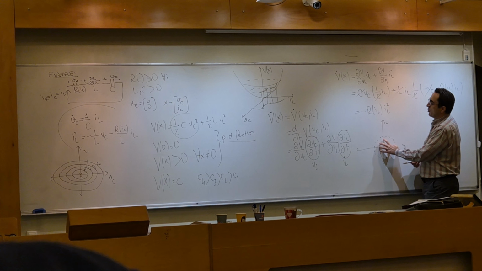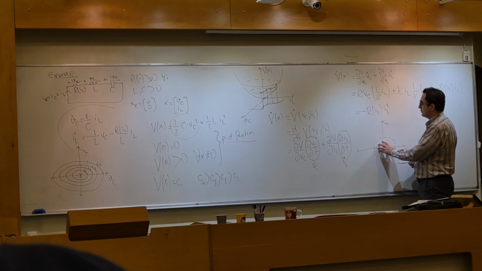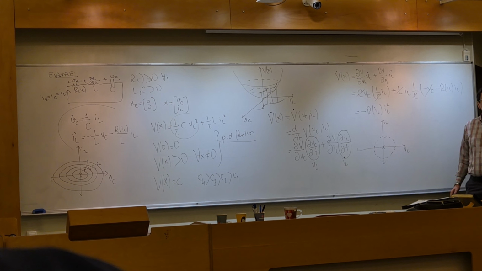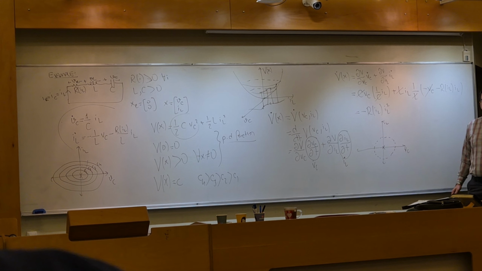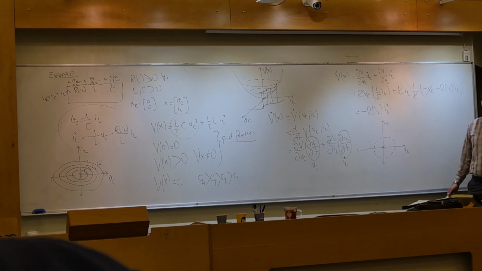So in a small neighborhood around the equilibrium point, do you think I can say something definite about the sign of this function? What can I say about the sign of this function? It is going to be negative or zero.